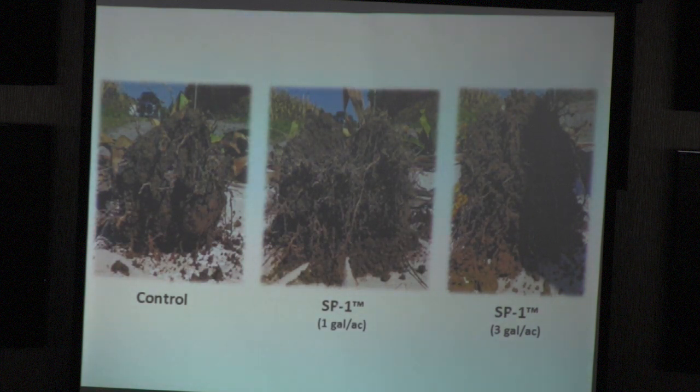You can see it gets more silty. There are more root structures available to form for that plant. And as you get more into it, you see even more root structures, the more you apply. So just a huge change from even 1 gallon. It takes just a little bit for a lot to happen.